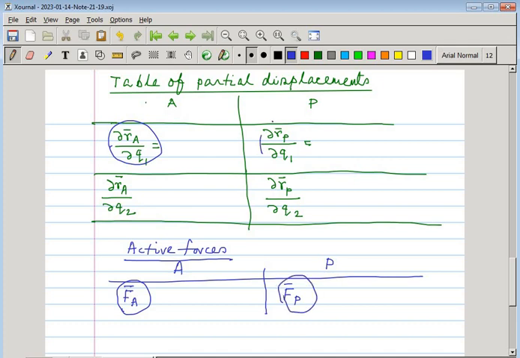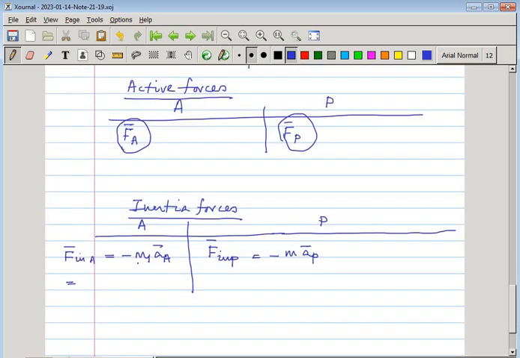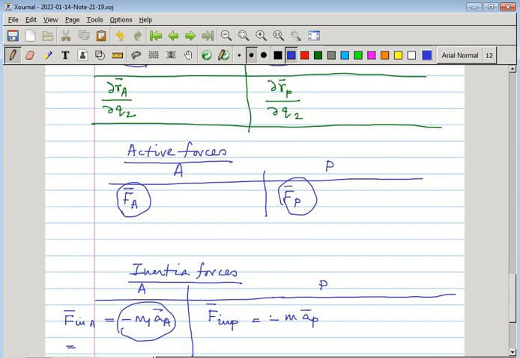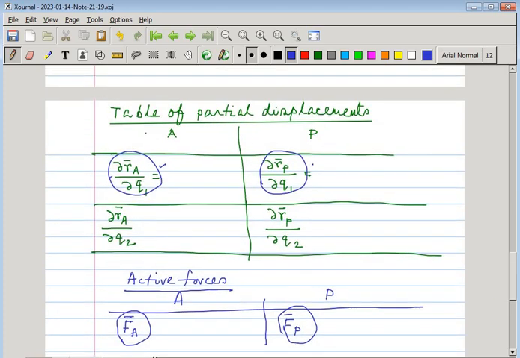this with this, this with this, and this with this to get the first equation.